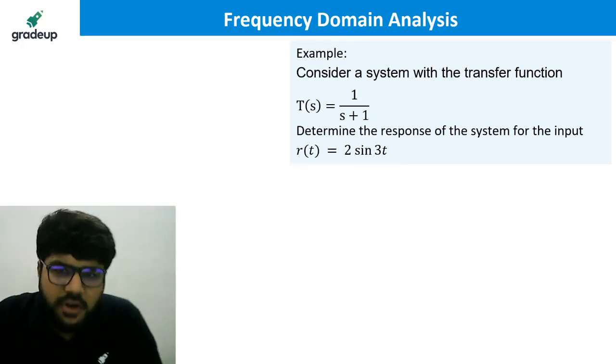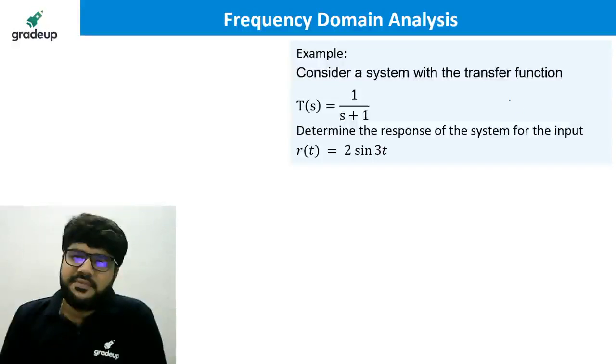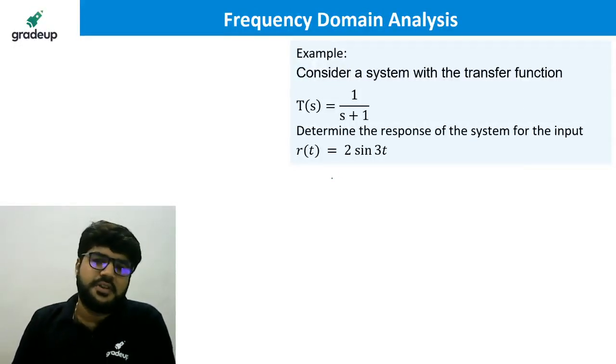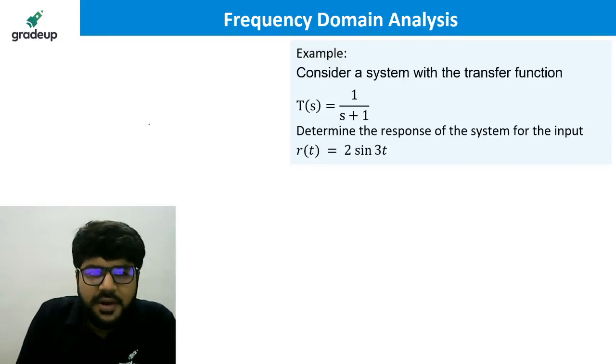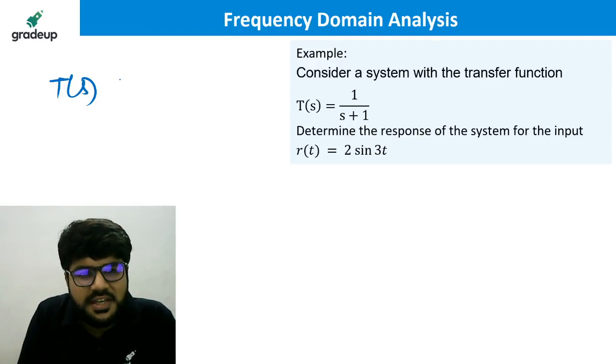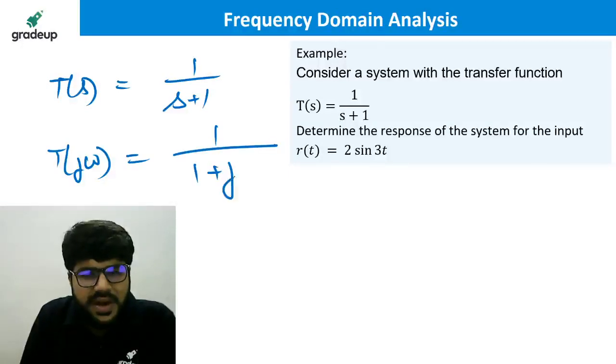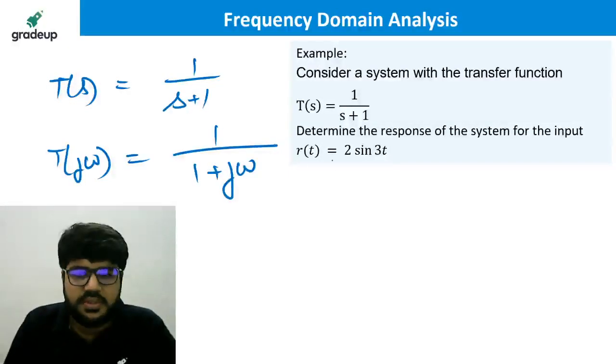Okay, so I hope you have solved this one. Consider a system with the transfer function 1 upon s plus 1. Determine the response of the system for the input 2 sine 3t. Let us just solve this. What is the transfer function given? 1 upon s plus 1. So what is the frequency response? T j omega is 1 upon 1 plus s, and put s equal to j omega.